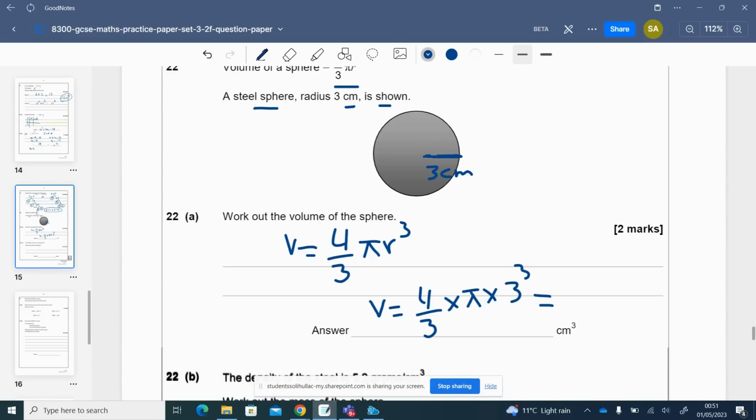And that should give you the answer, which is 36 pi. Then we need to change it into a decimal by pressing the S to D button, and that gives you the answer, which is 113 or 113.1 centimeters cubed. Okay.